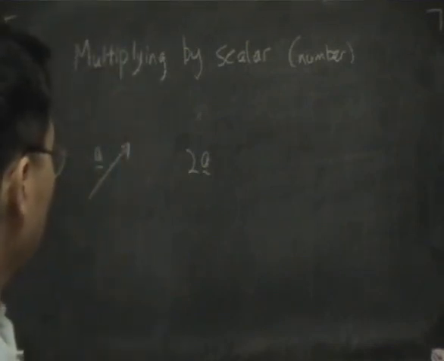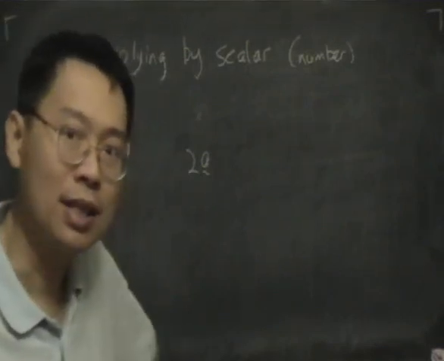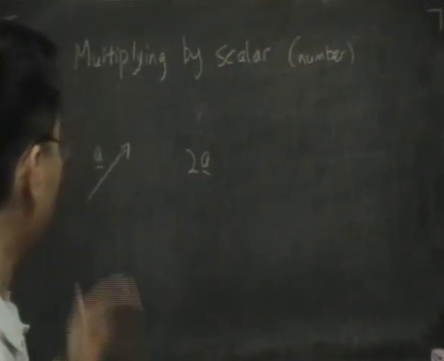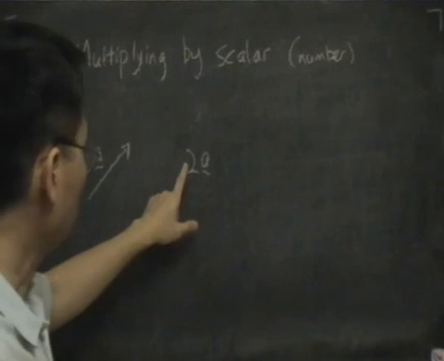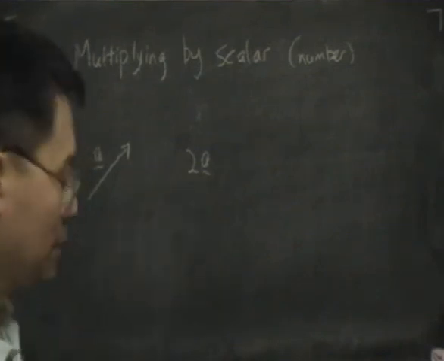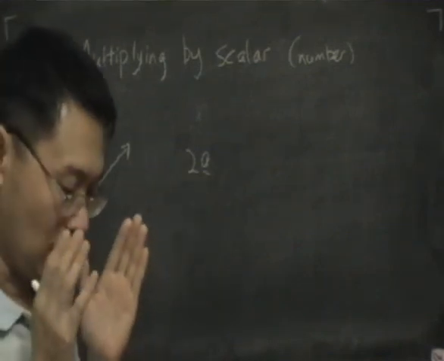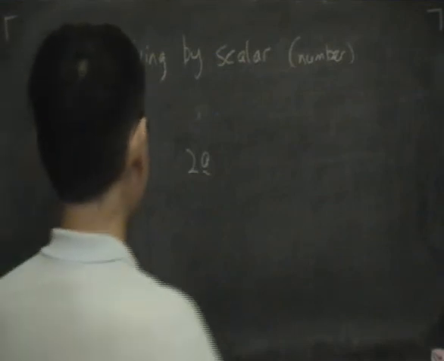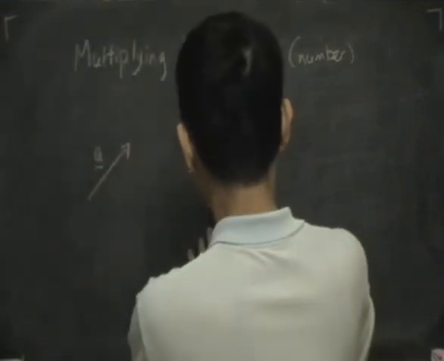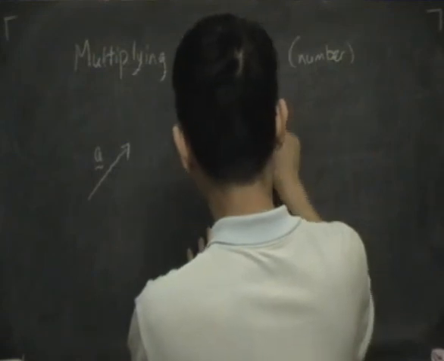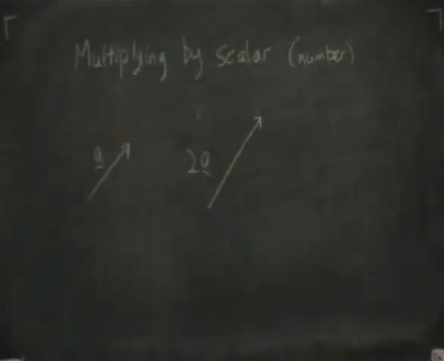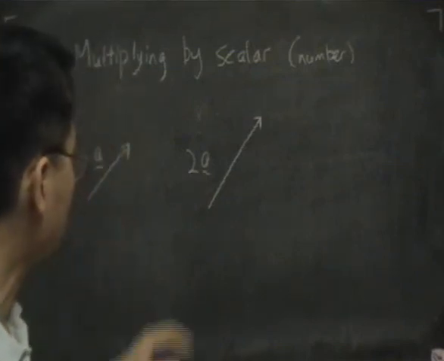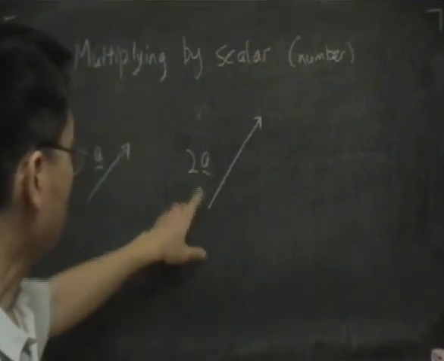We know what minus A means. Minus A means the same vector but in the reverse direction, right? So 2 times the vector A actually means a vector in the same direction but twice as long.